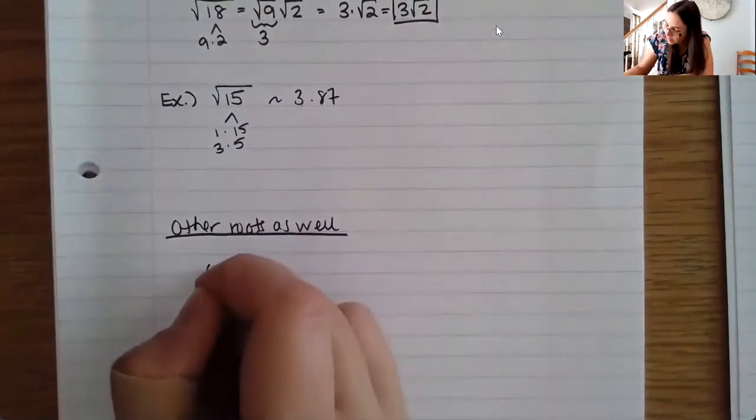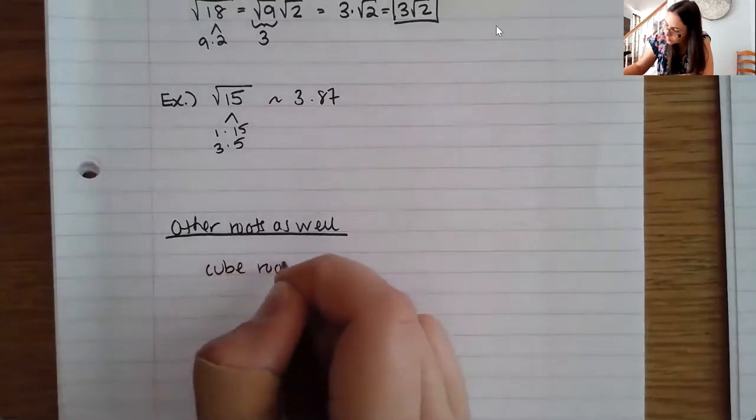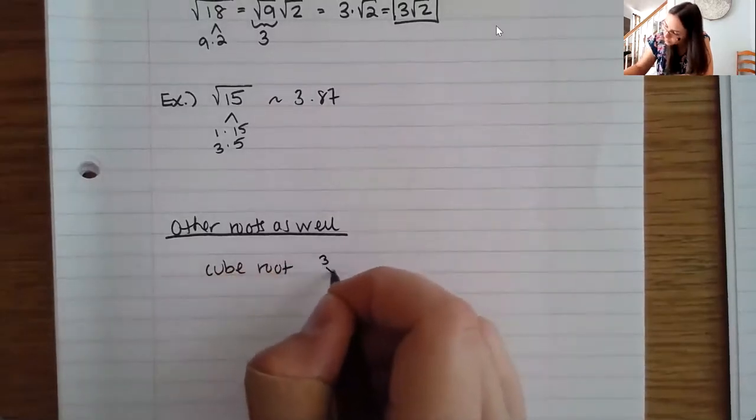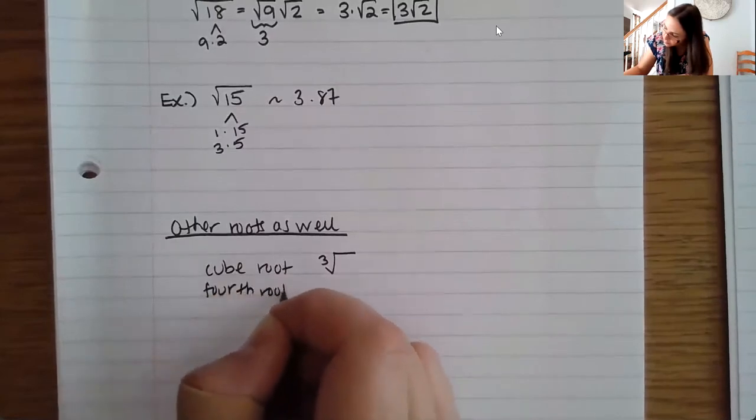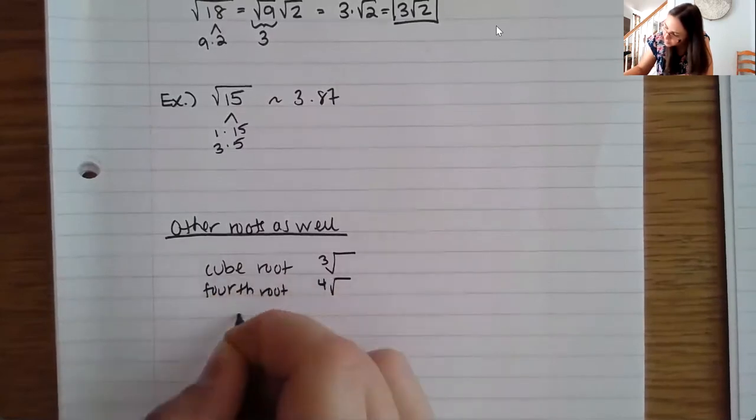So for instance, we have a cube root. We use this symbol. We have a fourth root, this symbol, etc. Fifth root, a sixth root, a seventh root. You can do as much as you want to here.